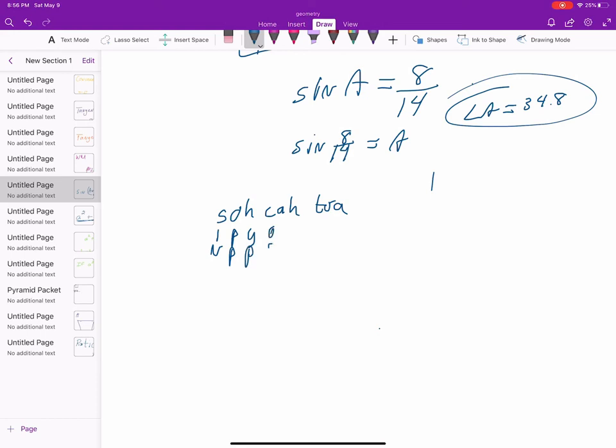And this is cosine, and this is adjacent, and this is hypotenuse. And this is tangent, and this is opposite, and this is adjacent. That's what those stand for, the SOHCAHTOA thing. So you can use that: sine, opposite, hypotenuse; cosine, adjacent, hypotenuse; tangent, opposite, adjacent.